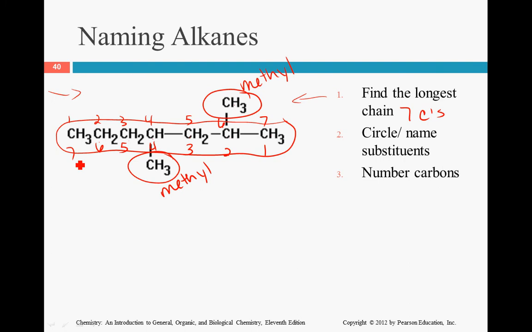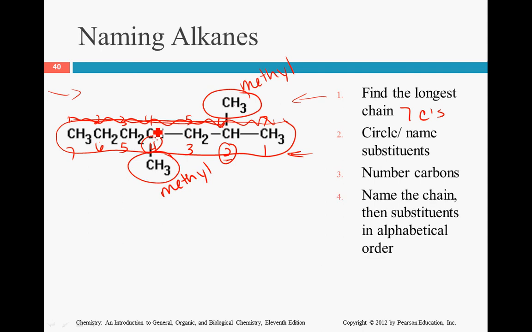So if we're looking at this, the first one is 4 or 4. No matter what, that's going to be the same. But if you look at the one on the right hand side on the top, 6 or 2. We want the lower number. So we are going to cross out the top numbers. We're going to go from the right, starting with 1 being on the right hand side.